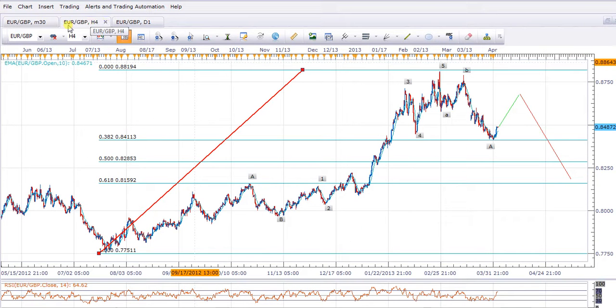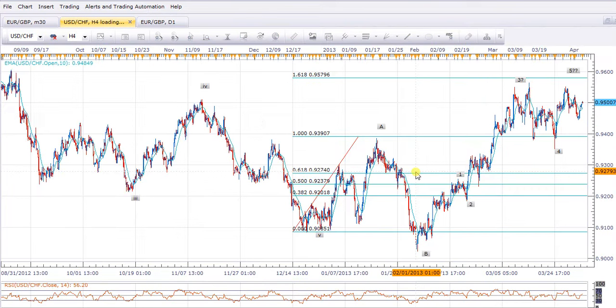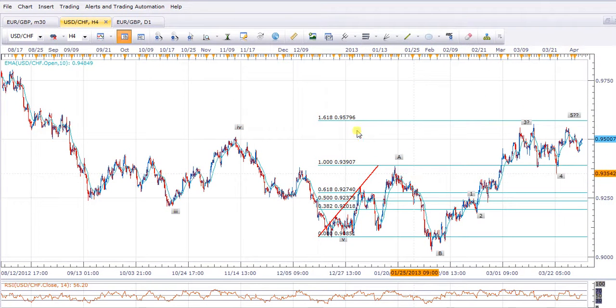Off to the other pair, Dollar Swiss. And with the Dollar Swiss, had this chart up, did a video for this earlier in March, middle March, and expected price action to hit this 161.8 fib level.